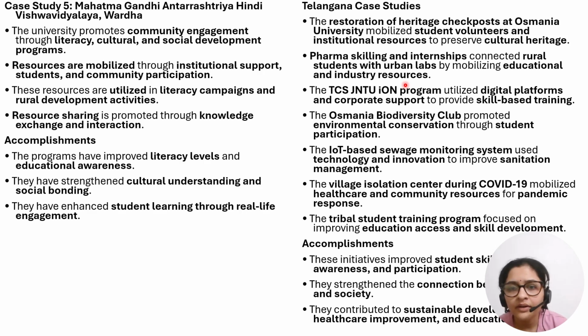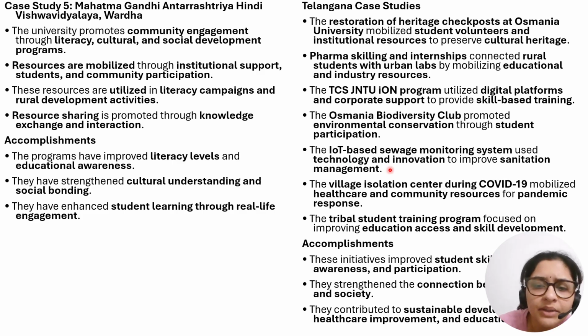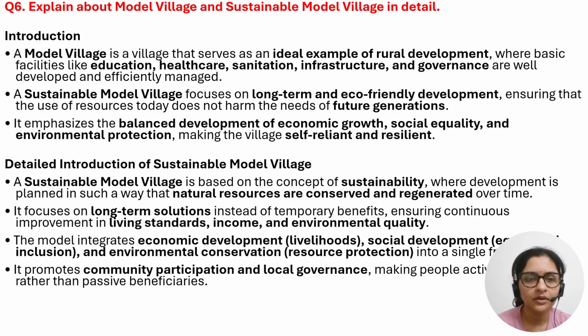That is, they have given pharma based skill development training to rural students, okay, in urban labs by mobilizing educational and industry resources. Then TCS JNTU ION program, Osmania Biodiversity Club, IoT-based sewage monitoring system, then village isolation center during COVID-19, and tribal student training program are some of the case studies that have been taken up in Telangana.